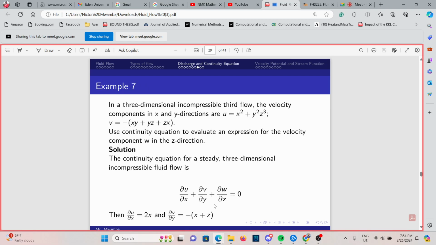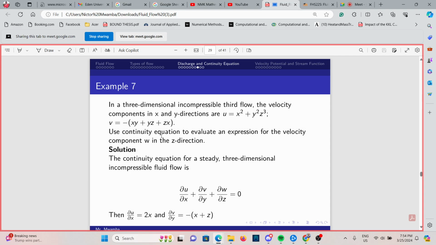For example, let me read it. In a three-dimensional incompressible fluid flow, the velocity components in x and y directions are u given by x squared plus y squared times z to the power 3, and the velocity component along the y, v, is given by negative xy plus yz plus zx.